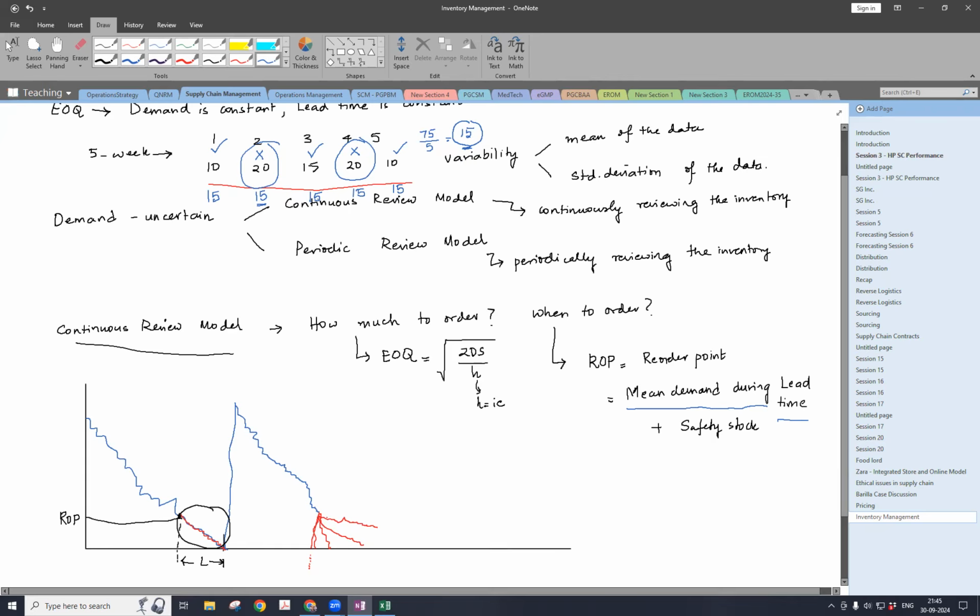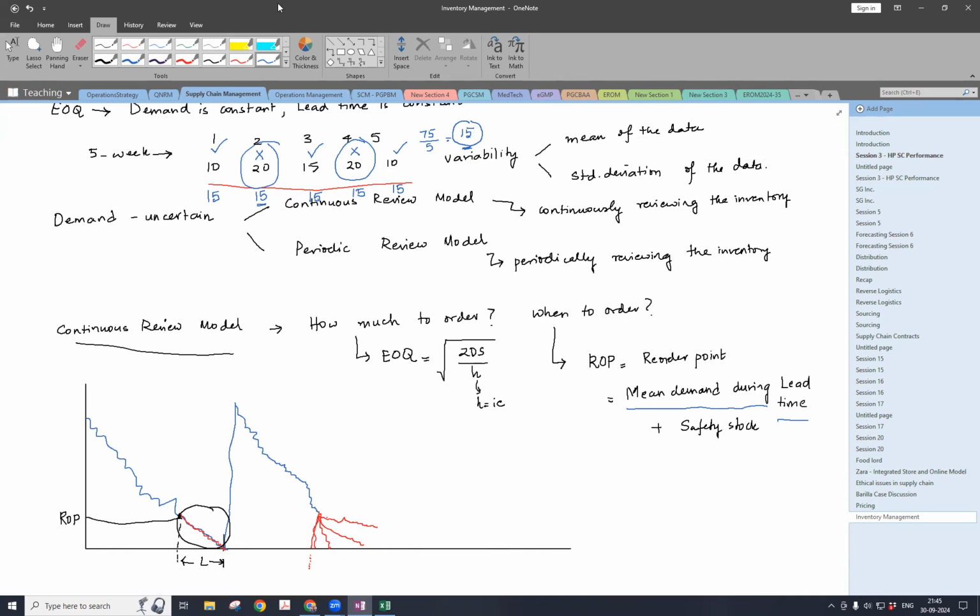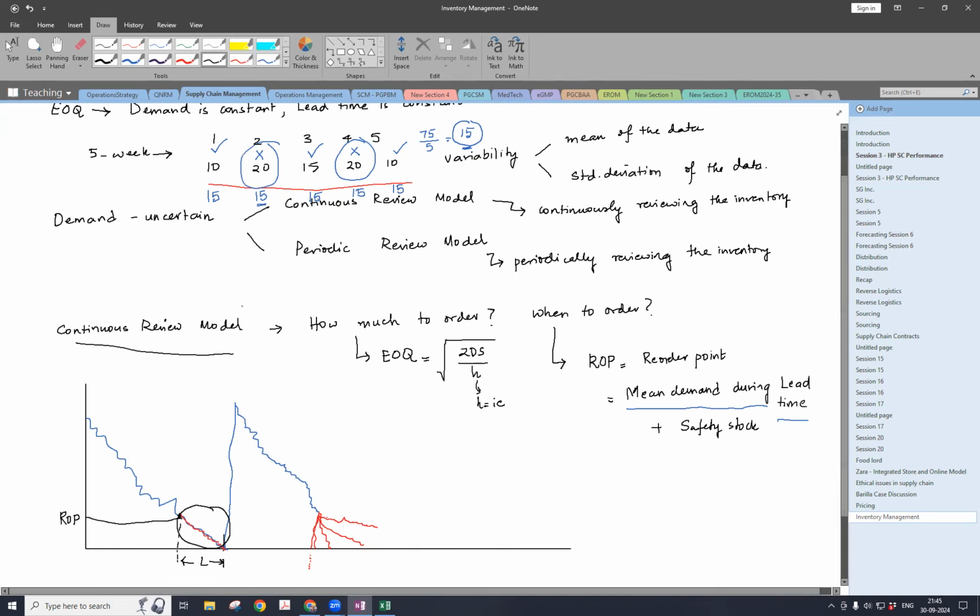Now, one of the assumptions that we make when we are working with this continuous review model is that our demand follows normal distribution. Now, what is the meaning of demand following a normal distribution?